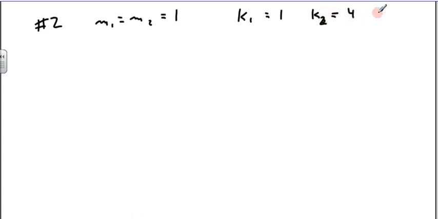the right answer. Okay, so we're going to look at number 2. You guys get to do the odd ones. I'll do the even ones. And I have m1 is equal to m2 is equal to 1. I have k1 is 1, k2 is 4, k3 is 1.